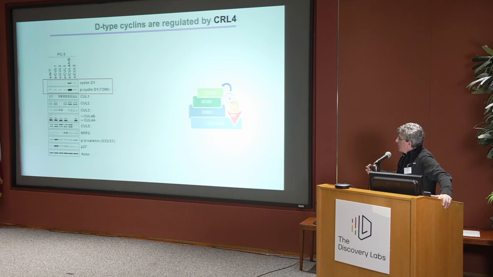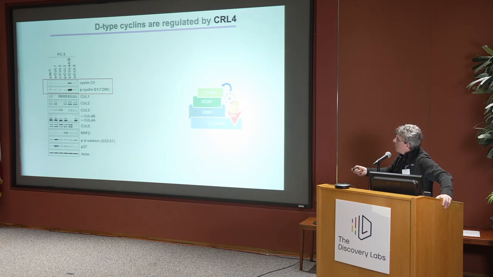So we confirmed that it must be one of the 230 CRLs. But before we understand which one, we asked, if it's not CUL1, which cullin is involved. So we downregulated by siRNA all cullins individually. We saw no effect with CUL1, no effect with any other cullin.